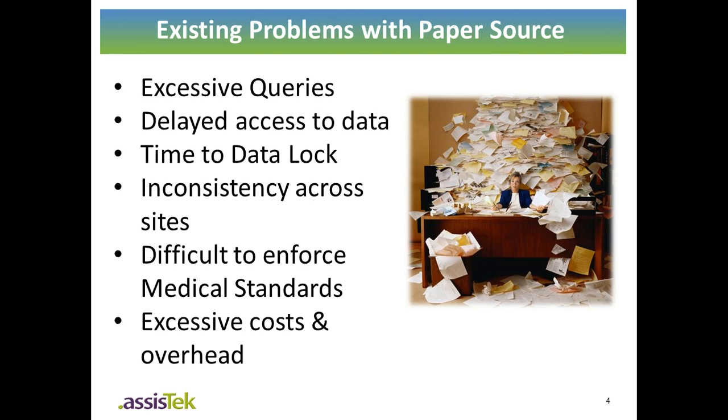And then probably most importantly, especially to some of the senior staff members, would be the excessive costs and overhead involved with using paper source and transcription into an EDC for your studies.